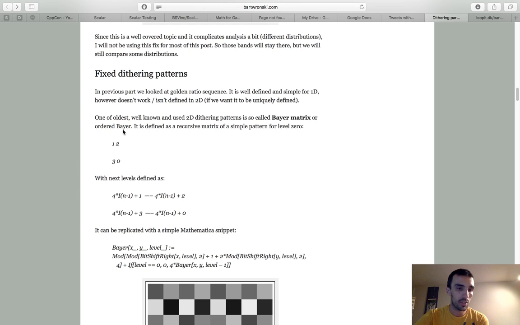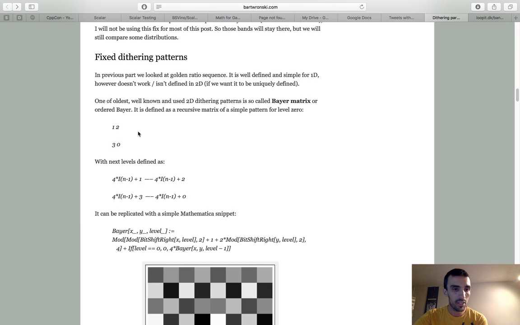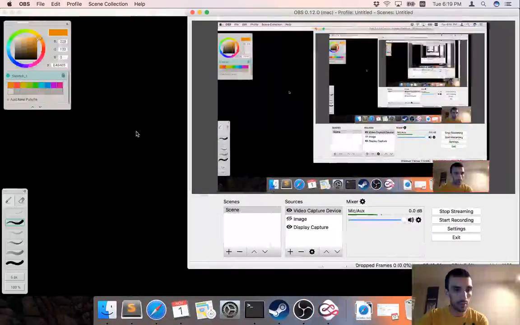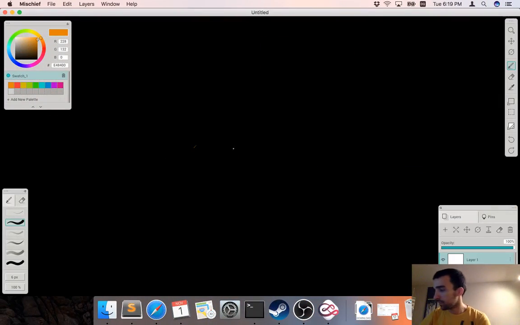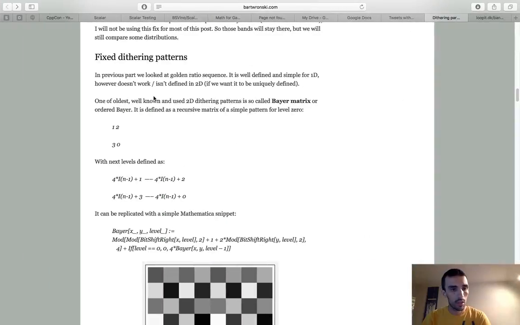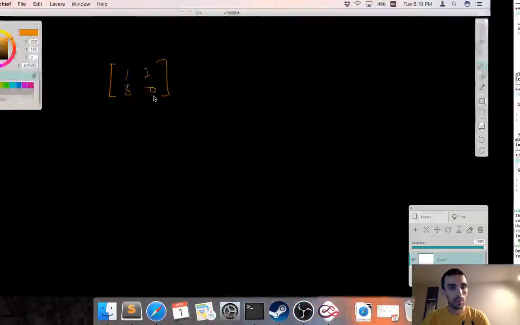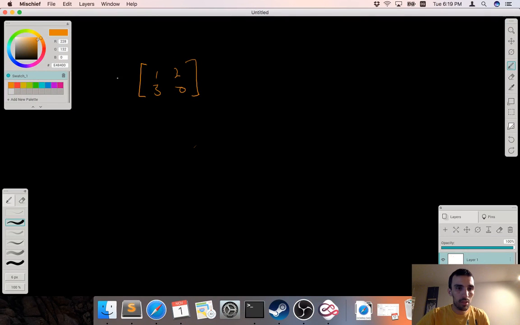Okay, so here's 0, 1, 2, 3. Here's level 0. So this is the matrix, and it means we're going to have a 1/4 coefficient out front.